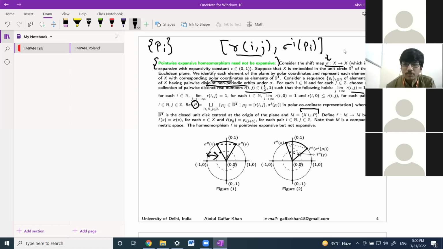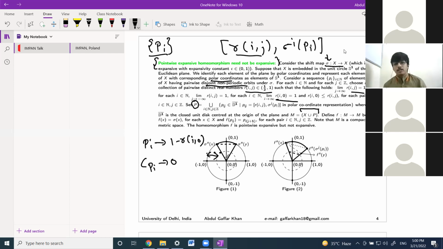The constant of expansivity only varies when you choose a point, because if you choose p_i, the constant will be 1 minus r_i, comma 0. And one of the assumptions is that r_i converges to 1 as i tends to infinity. So the expansivity constant of p_i approaches 0.